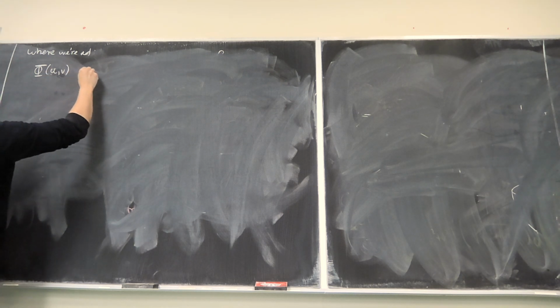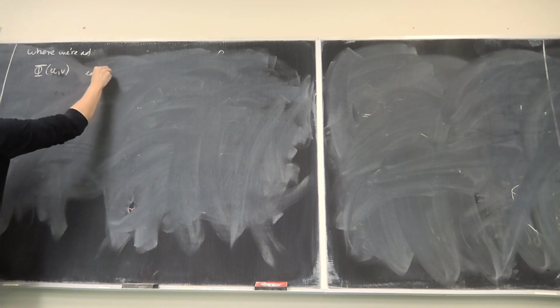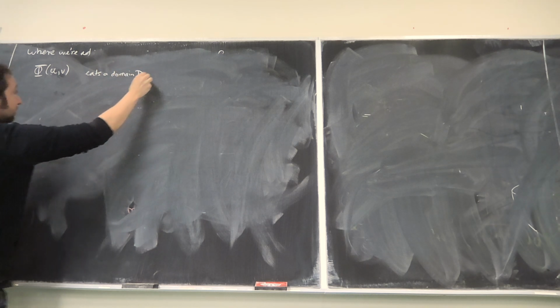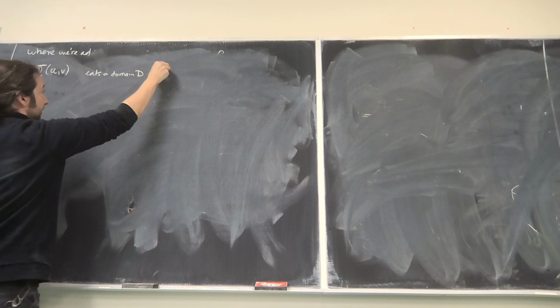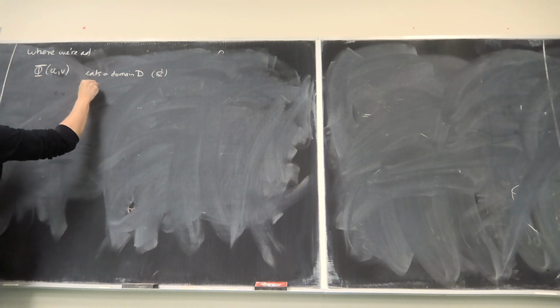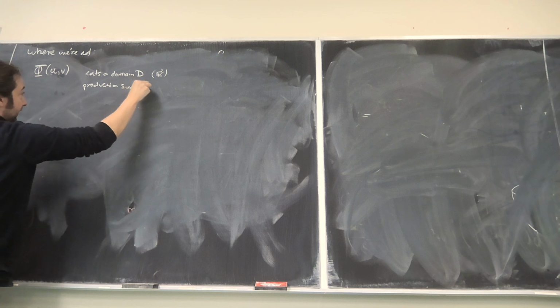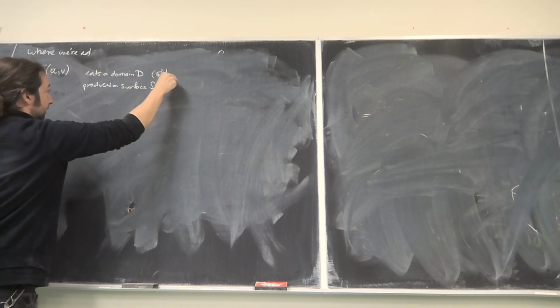That map phi eats a domain D, which is in R2, and it produces a surface S, which is in R3.